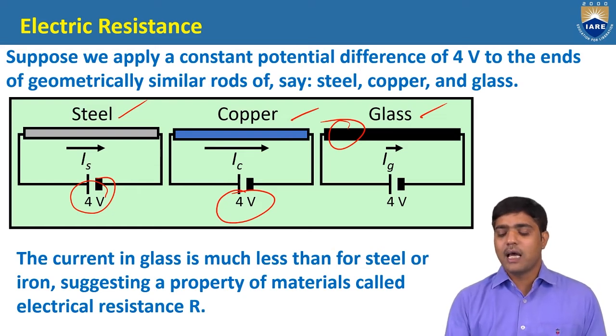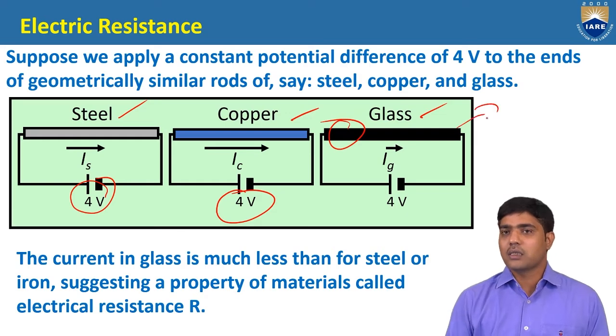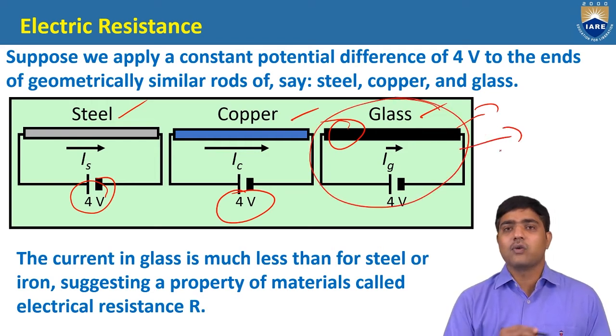Because glass is an insulator, it has no free electrons within it. It completely opposes the flow of electric current. So this circuit with glass has a very low value of current or zero current compared to the two circuits having steel and copper.